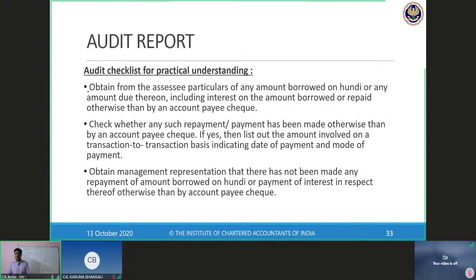Let's also read some of the procedures which may be relevant to this type of clause. Obtain from the assessee particulars of any amount borrowed on hundi or any amount due thereon, including interest on the amount borrowed or repaid, otherwise than by an account payee cheque.